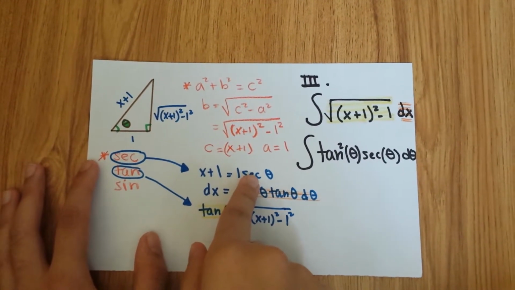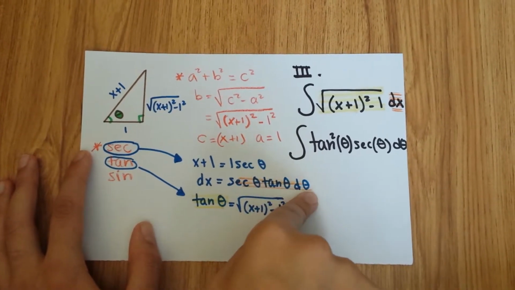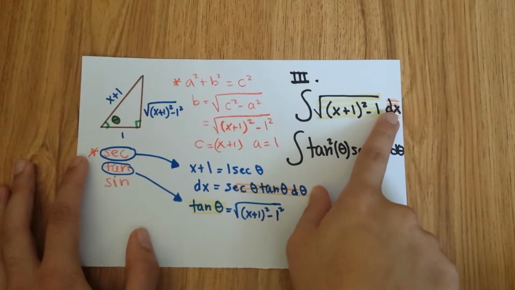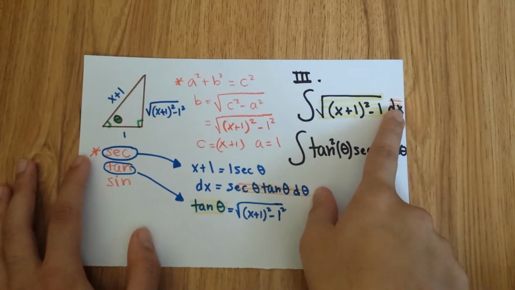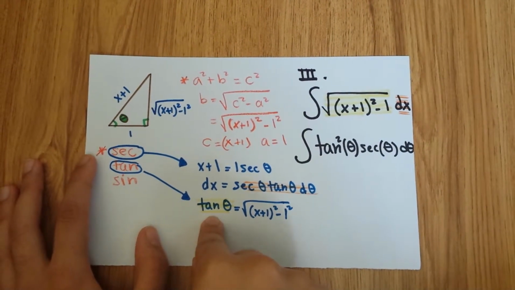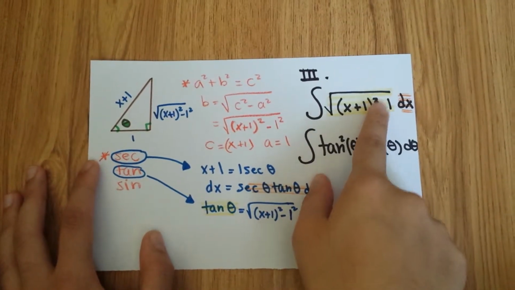Remember, secant theta is 1 over cosine theta. Then we take the derivative of both sides, we get secant theta tangent theta d theta. And that is what will be substituted in for dx. Do not forget to have a term to substitute in for dx. Very important. Then tangent theta would be for the actual radical term.